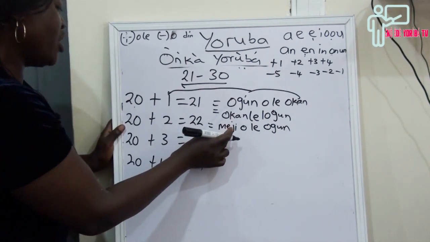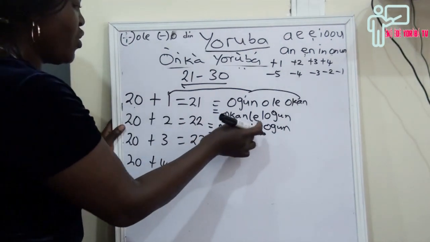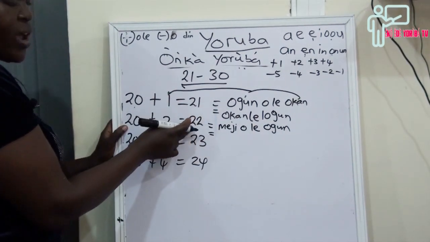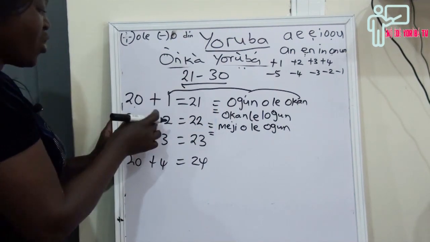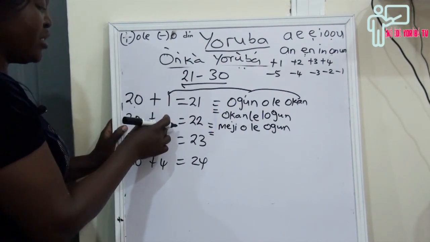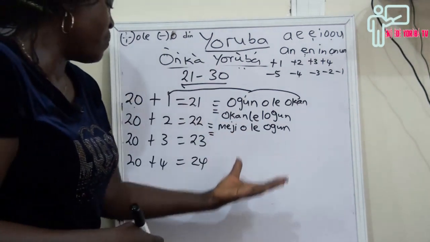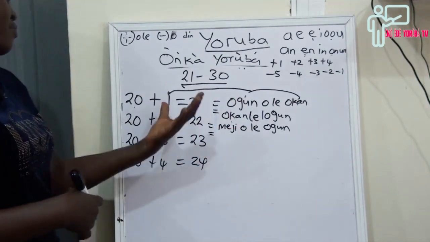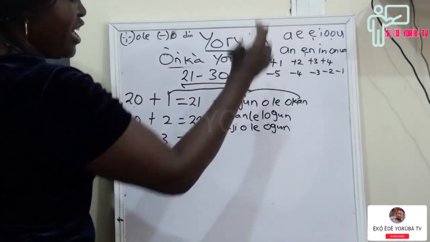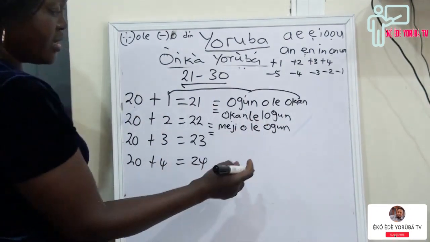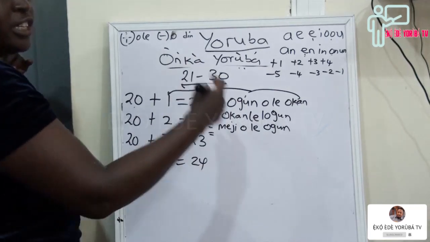Méjì ó lé ogún, which is 22. When we say ogún ó lé méjì, but when we are reading it in Yoruba, we say from the back. That is èjìlélógún. You see it now. Èjìlélógún, méjìlélógún, ìkejìlélógún.